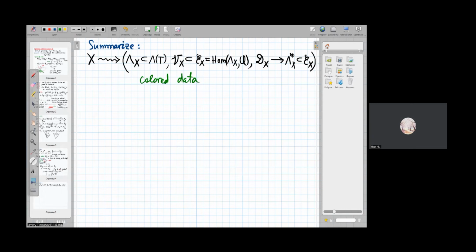We have this vector space E sub X. This E sub X is a finite dimensional vector space spanned by the lattice dual to the weight lattice.